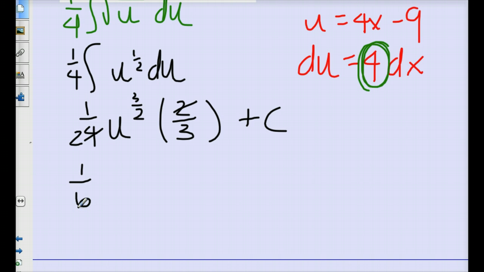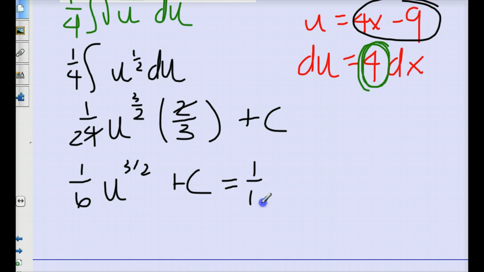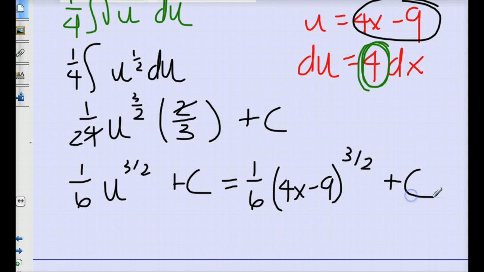Then I get u to the 3/2 plus c. Well, now that I've taken the integral, I can re-plug in my u into this equation. So I get 1 over 6 times parentheses 4x minus 9 to the 3/2 plus c.